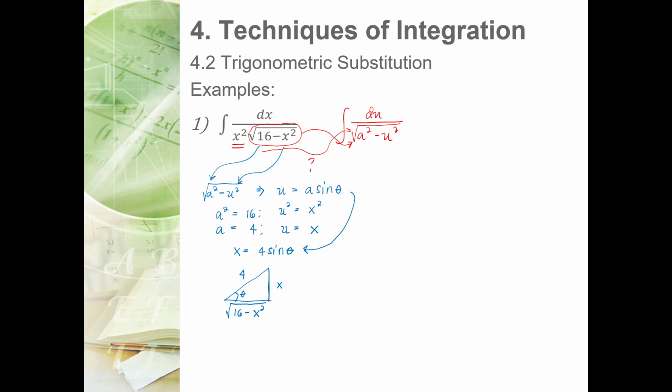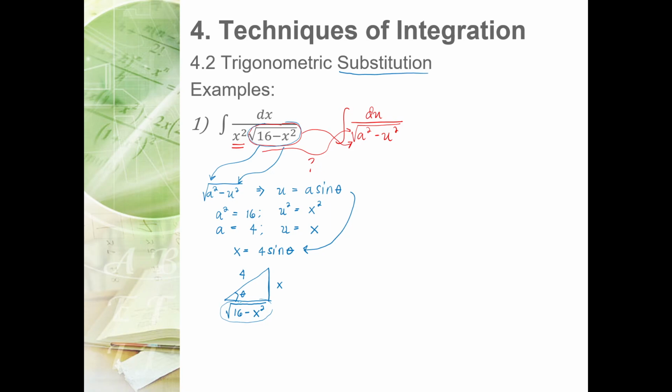Okay, so notice that the square root of 16 minus x squared is present in the equation also. Same here. So the next step: since the technique is called substitution, notice that we're going to use substitution.